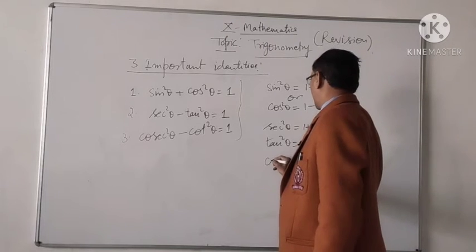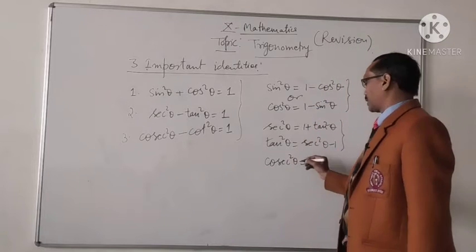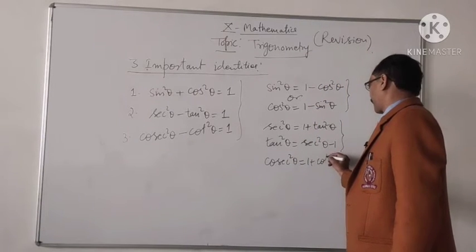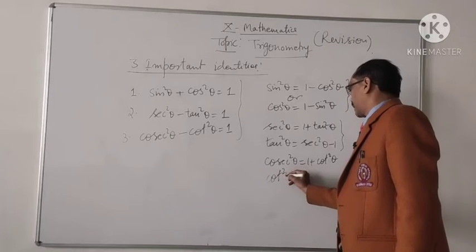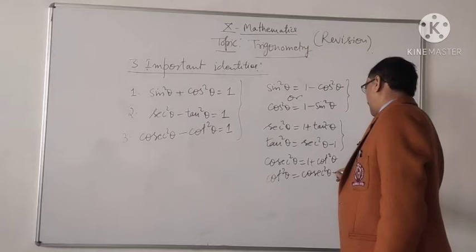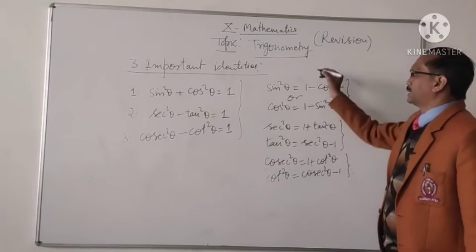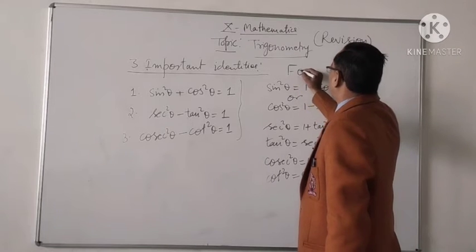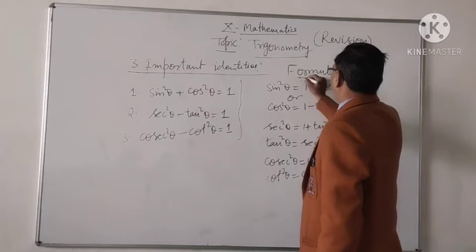Then cosec square theta equal to 1 plus cot square theta, and cot square theta equal to cosec square theta minus 1. So these are the important formulas. We will use them.